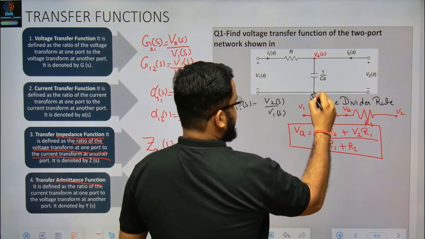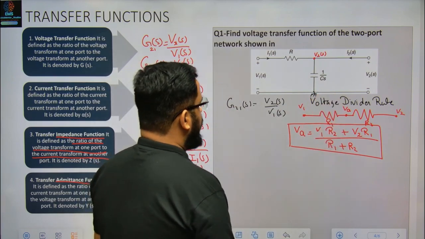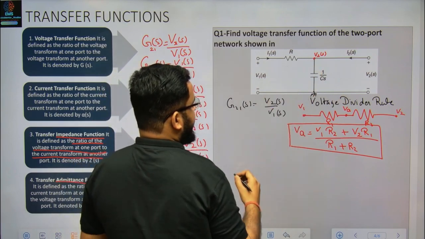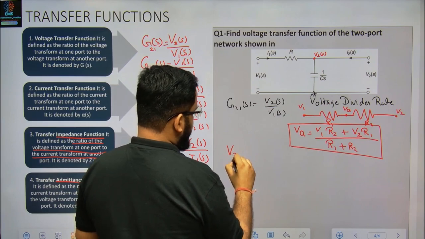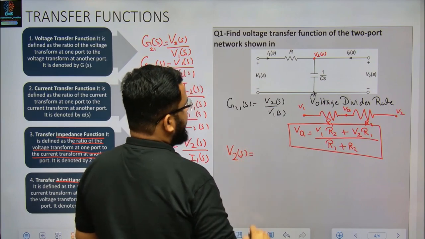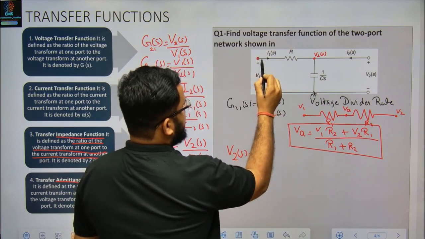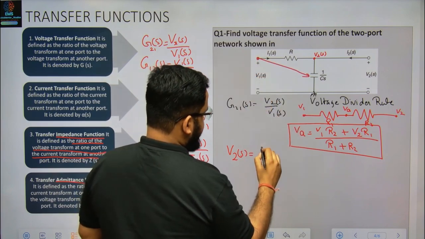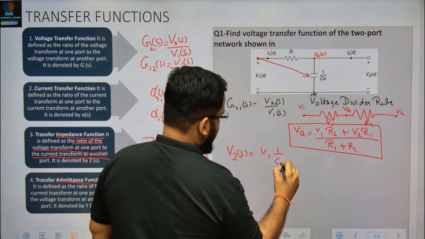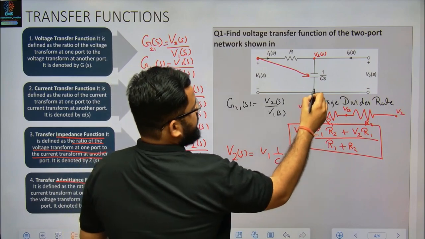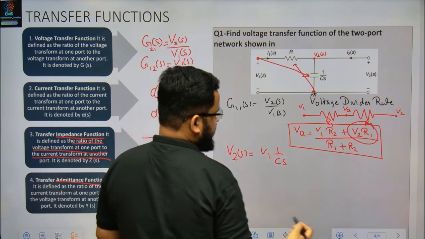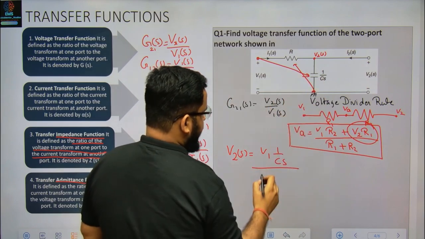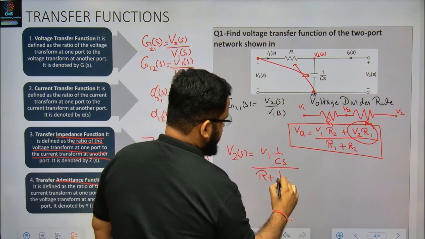This is ground. At this point, using the voltage divider rule, we calculate V2(s). My V2(s) will be V1 multiplied by 1 by Cs, plus V2, which is already 0, multiplied by this, so that term becomes 0, divided by the total impedance.